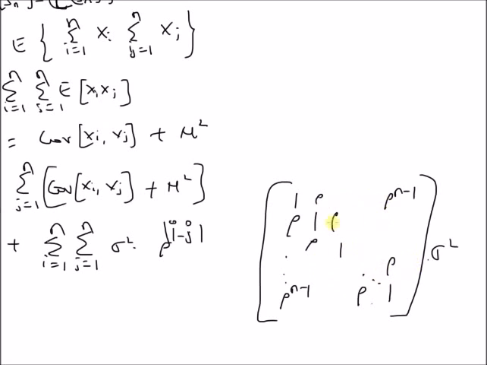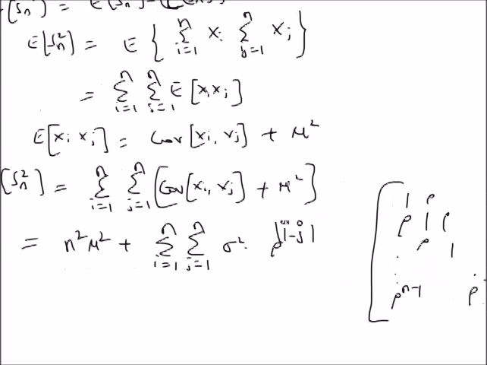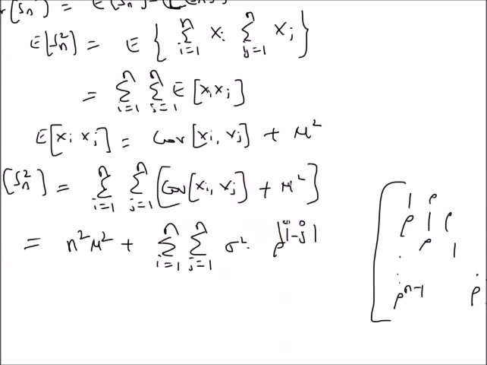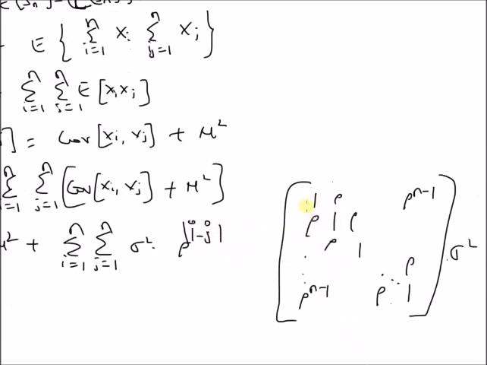So by using this structure, you can clearly see that the summation should be equal to n square into mu square plus, for modulus of i minus j equal to 0, we have basically summed the values on the main diagonal, which is equal to n. And for values when the modulus of i minus j is equal to 1, we basically sum the elements on the second diagonals on both sides.